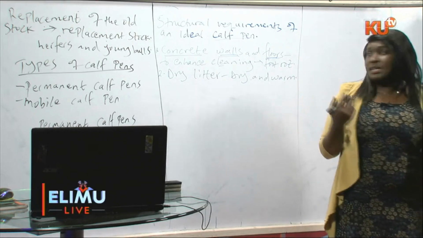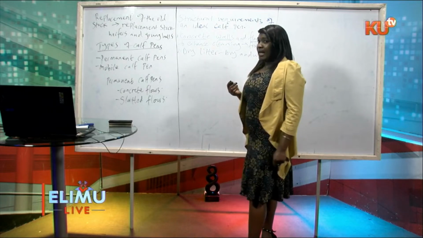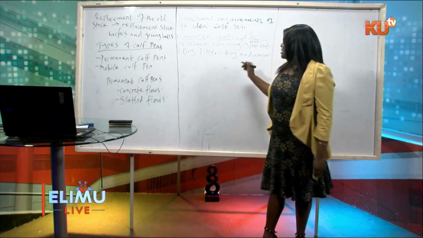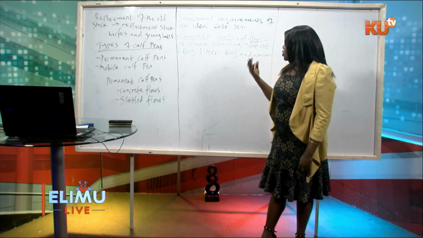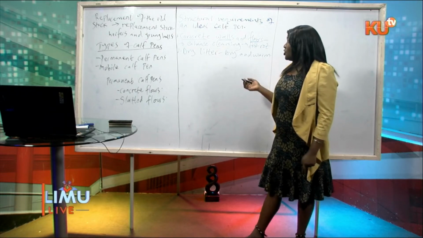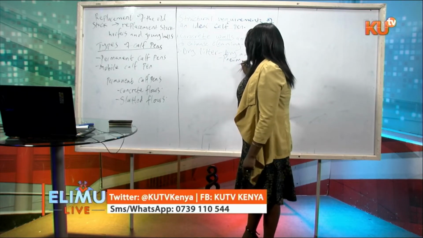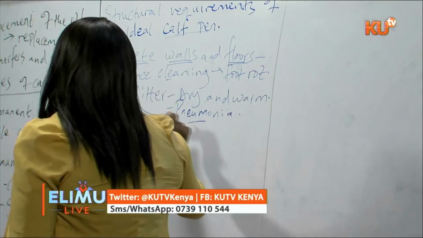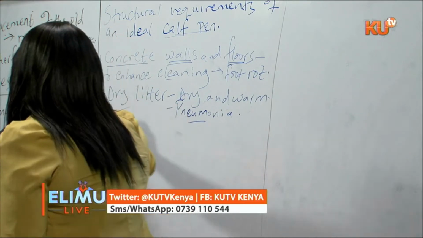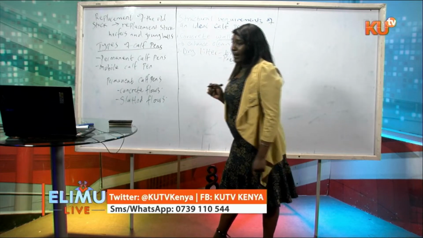You should be asking yourself, why do we need a dry and a warm calf pen? The reason is simply that warmth ensures that the animal is healthy. It does not suffer from cold conditions that can cause pneumonia. Damp conditions in the calf pen can cause pneumonia. So you are trying to get rid of the incidences of pneumonia in the calf pen, and that is why we put dry litter. So that is another requirement of a calf pen.